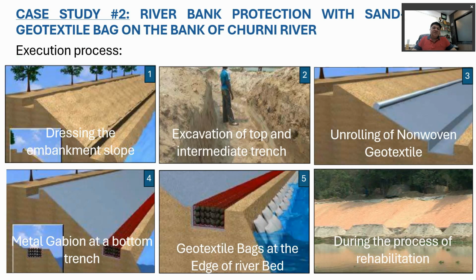So you can see the series of activities at site: how the tracing has been done on the embankment slope, then the excavation of top and bottom trench, then the non-woven geotextile has been laid, fixed with gabions in the trench at top and bottom, and the series of geotextile bags are laid in front to avoid further erosion of the bank. And in the final photographs, this is the process of rehabilitation, the entire thing has been covered, and bricks are also laid on top of the geotextiles on the surface of the bank.